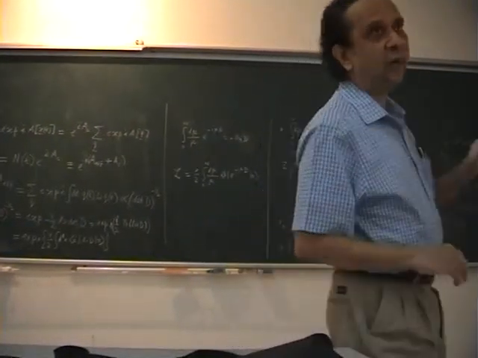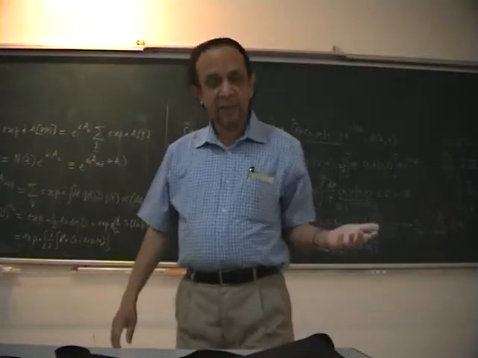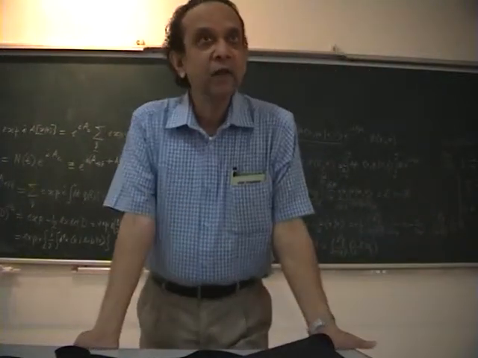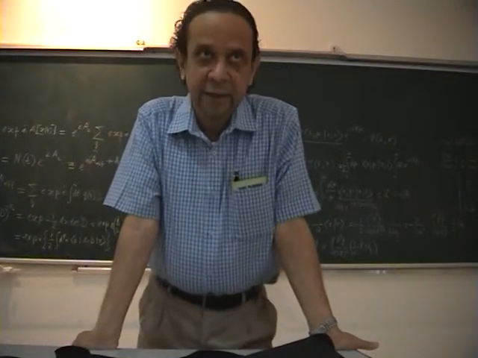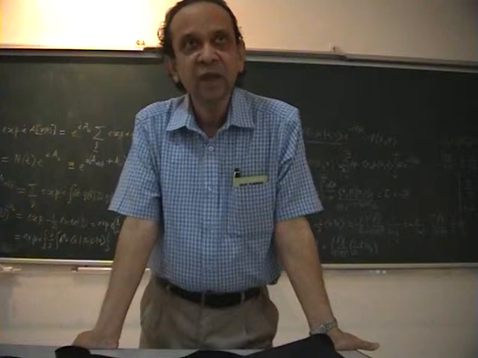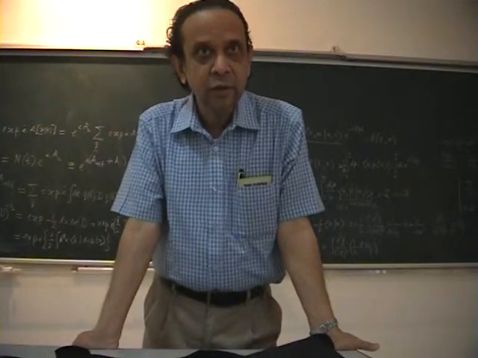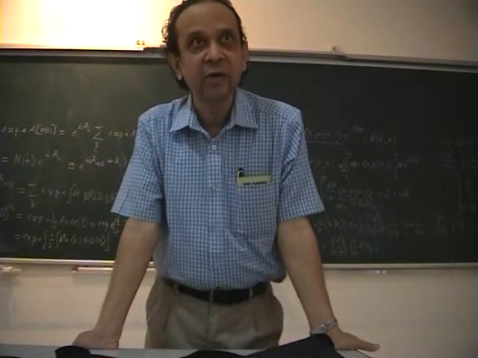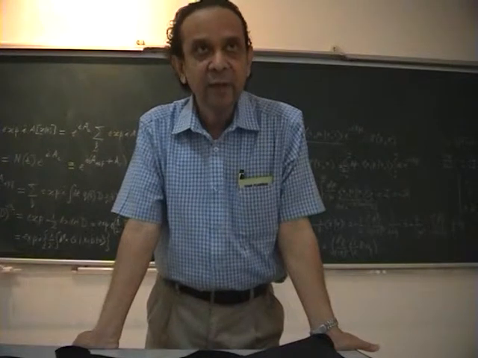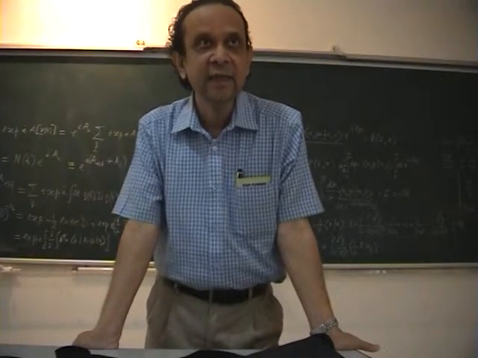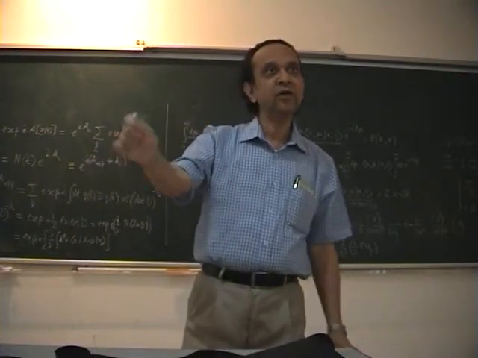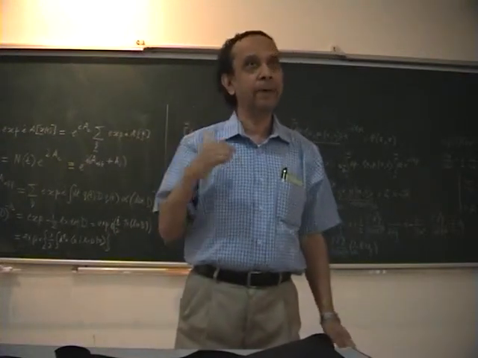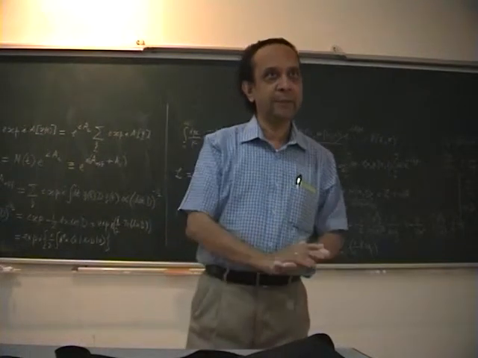One is if you have an integral and the integral is ill-defined, and I tell you the correct prescription for avoiding the poles, that is equivalent to a boundary condition. Then once you have evaluated the answer, you have a clearer idea as to what boundary condition you have put. In the Feynman propagator case, the boundary condition is: take the positive frequency modes, propagate them forward, take the negative frequency modes, propagate them backward. That is the boundary condition.